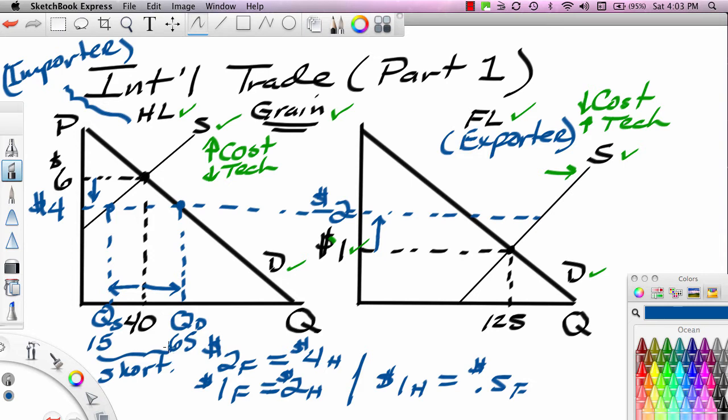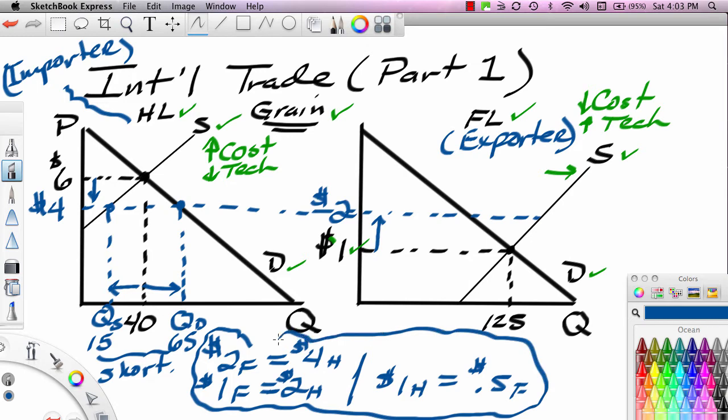So the importing nation, this is very, very important. Let me bubble this so this doesn't get in our way. Let's just assume that this is not part of what we're currently talking about. In an importing situation, the importer runs a shortage. In other words, they demand more of the product than they actually produce. And this has to be the case.